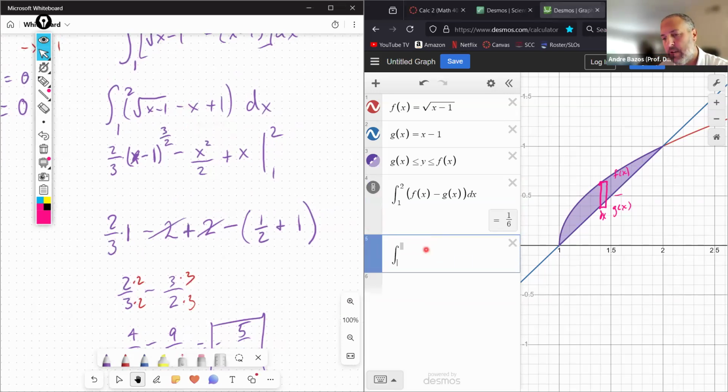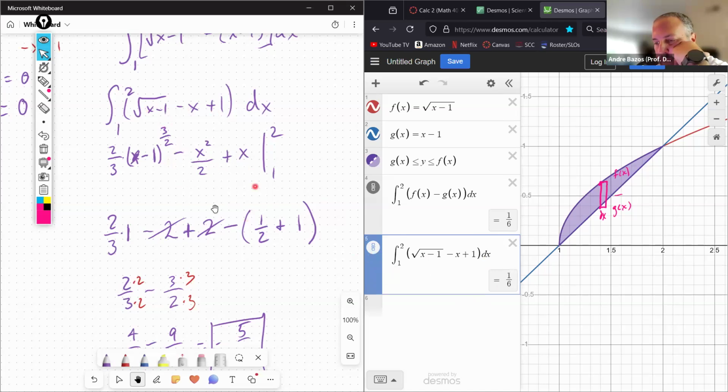We're going to do integral from 1 to 2. I'm going to make sure I got the right thing up there. This square root of x minus 1 minus x plus 1 dx is that 1/6.